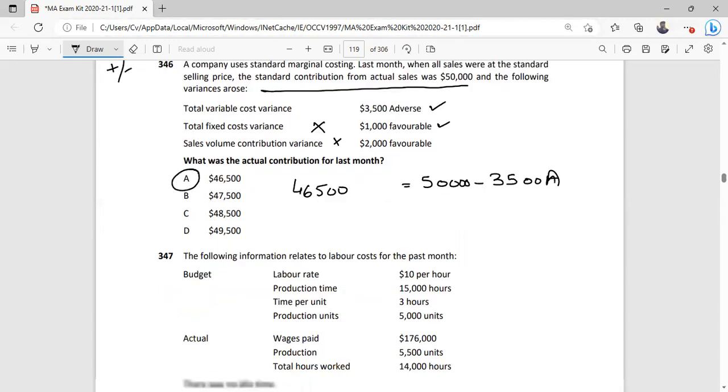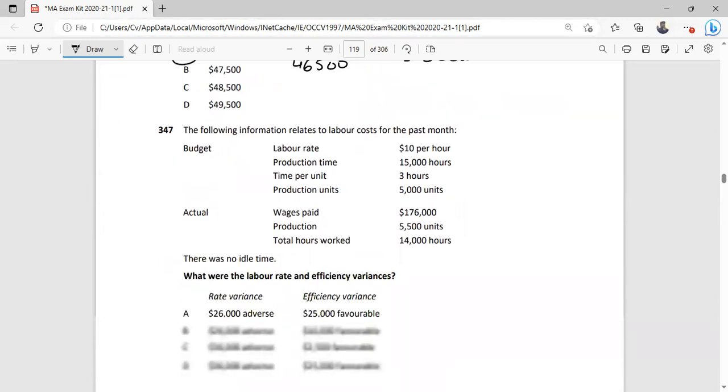Then we have the next question. The following information relates to the labor cost for the past month. We are required to calculate the labor rate and efficiency variances. First of all, I would like to rewrite the formula. Labor rate variance is equal to, formulas could be different than the study text or your recorded lectures, but ultimately the answer will be the same. The purpose of the formula is the same.